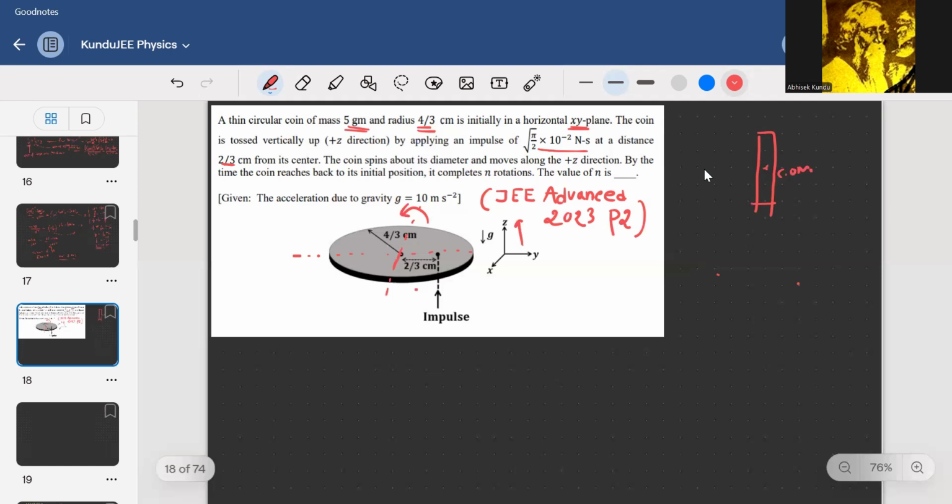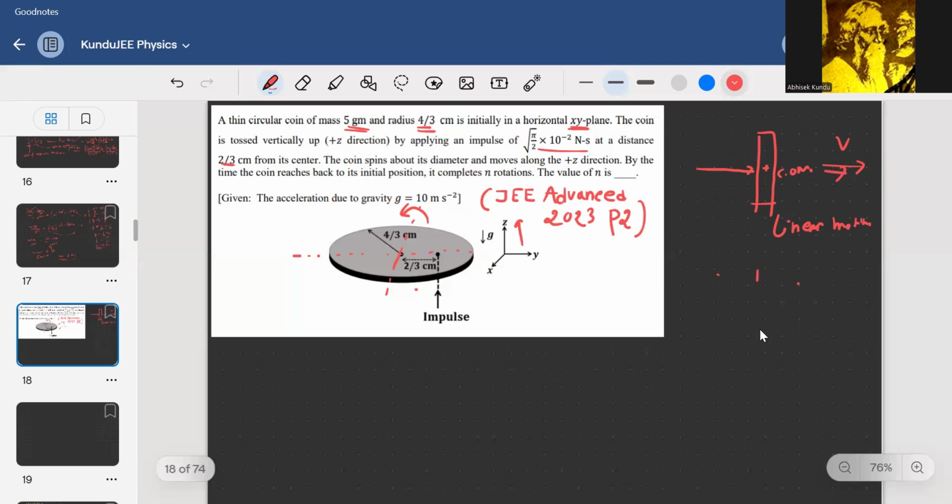If you apply a force whose direction coincides with the center of mass, then this body will only get linear velocity or linear motion. That means it will only move in this direction. As the impulse is also a kind of force, applied for a very short duration of time, it will only change the momentum of the body, that means the linear momentum.